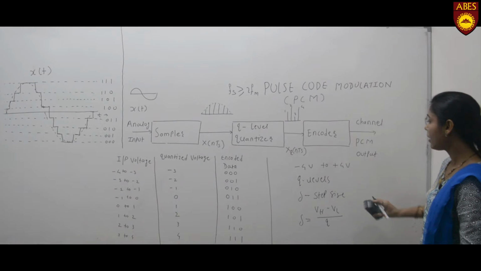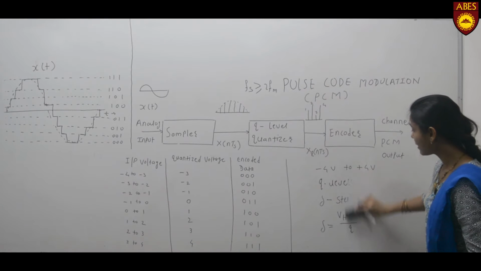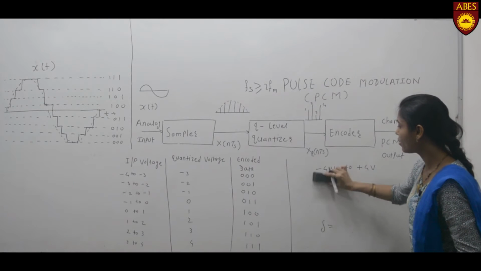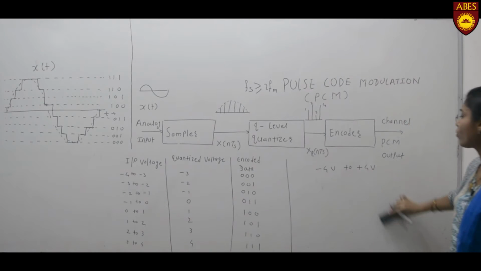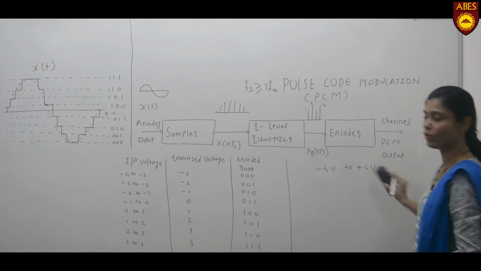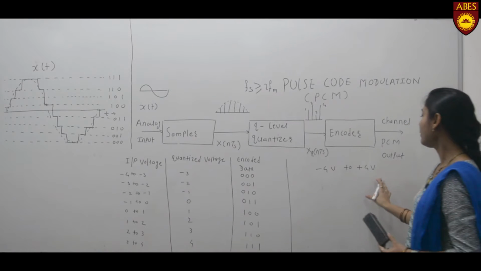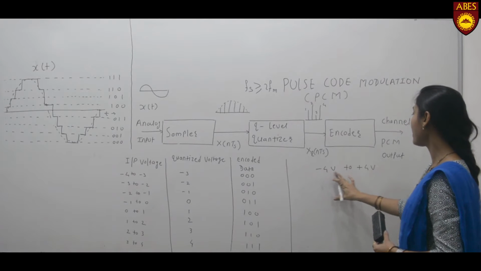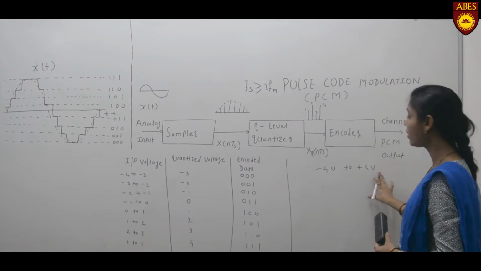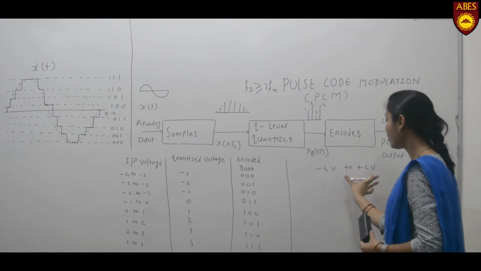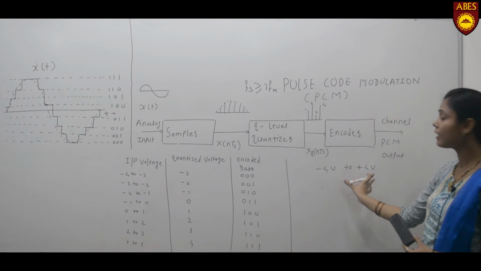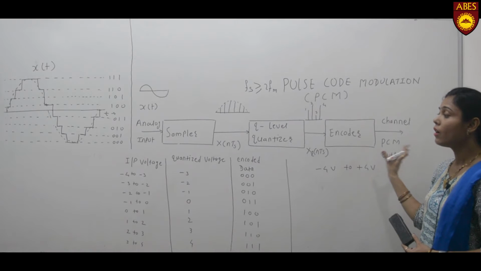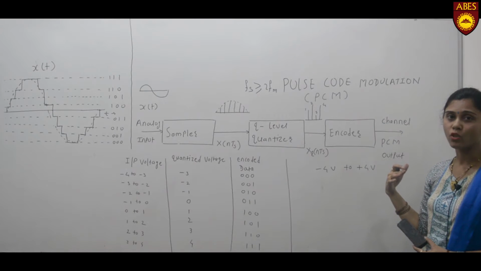Now we'll consider an example in which the input signal ranges from -4 volt to +4 volt. First we will convert all the sample values lying in this range into a predefined number of quantization levels.